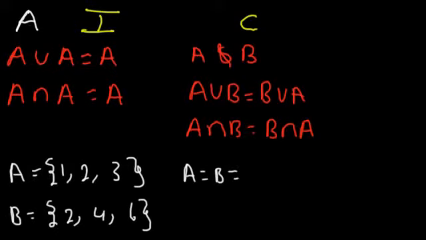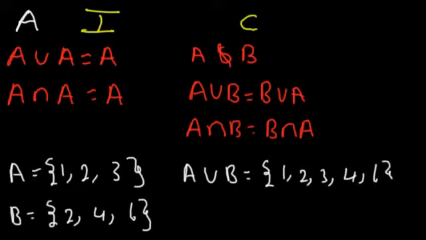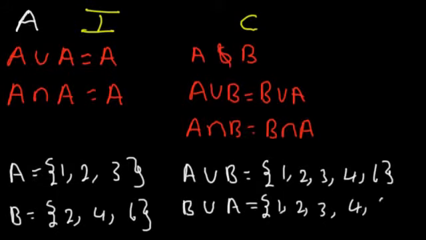A union B is equal to 1, 2, 3, 4, 6. Now B union A will also be equal to 1, 2, 3, 4, 6. So therefore they are equal. Okay, so it means this is true.